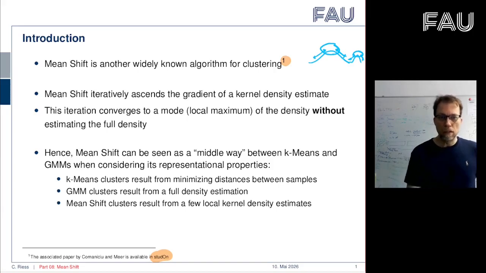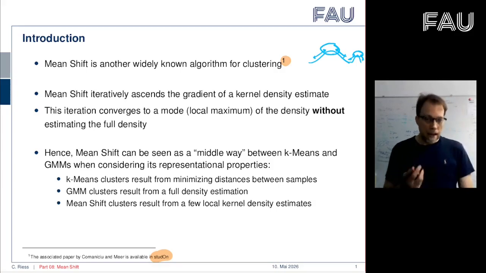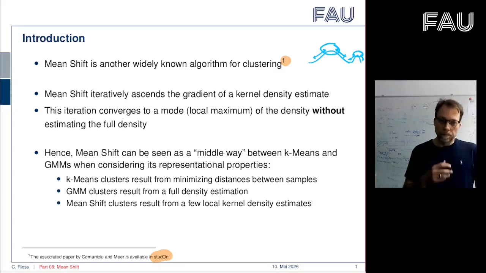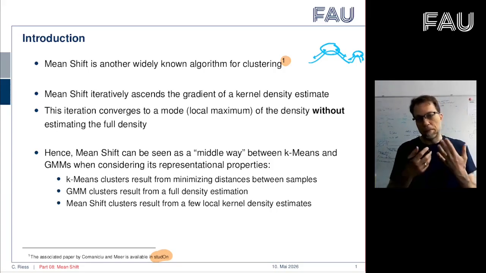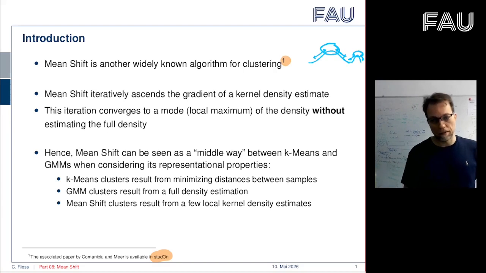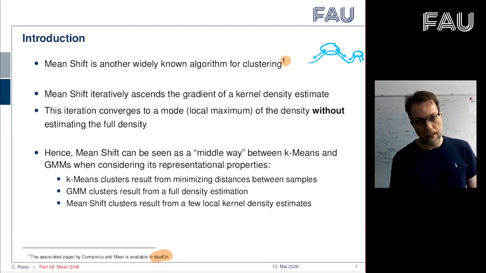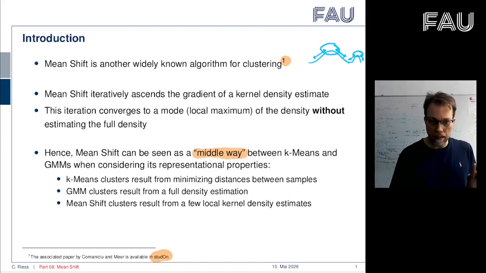But first of all, we look at the math behind it. If you think about the representation that mean shift implies, you can say it's like having a middle way between the k-means algorithm and the Gaussian mixture models.